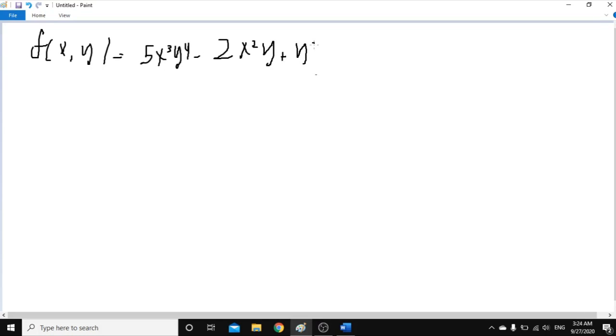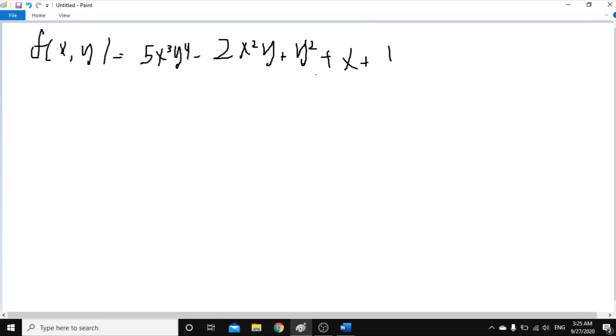The first example says f of x comma y is equal to 5x cubed y to the 4th minus 2x squared times y plus y squared, this is y, not 4, be careful, plus x plus 1.